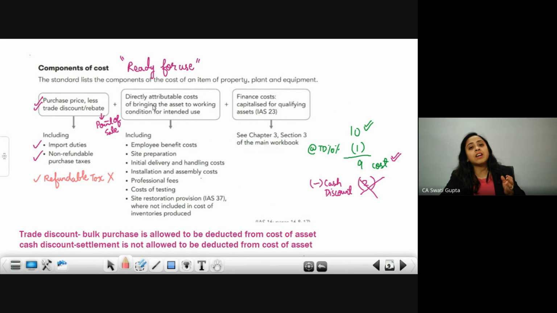Any costs that are unnecessary, that can be avoided, that are not required to bring that asset into ready for use condition, those will not be capitalized.